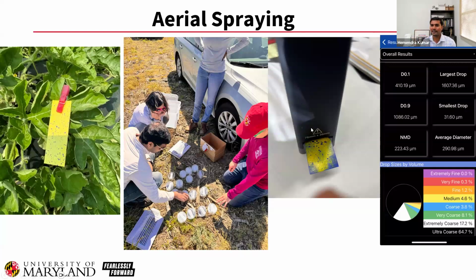What it does is scan the drops, count them, and analyze the size of each drop. It doesn't matter how small or big it is because it's AI based. It can tell you the extremely fine numbers or percentage based on the volume that was done in terms of the drone application.